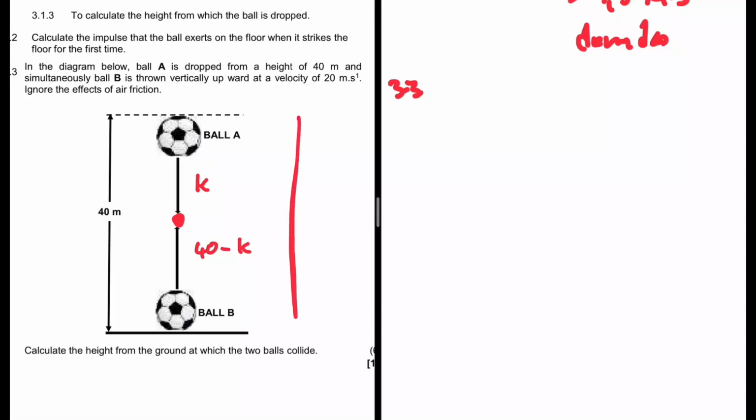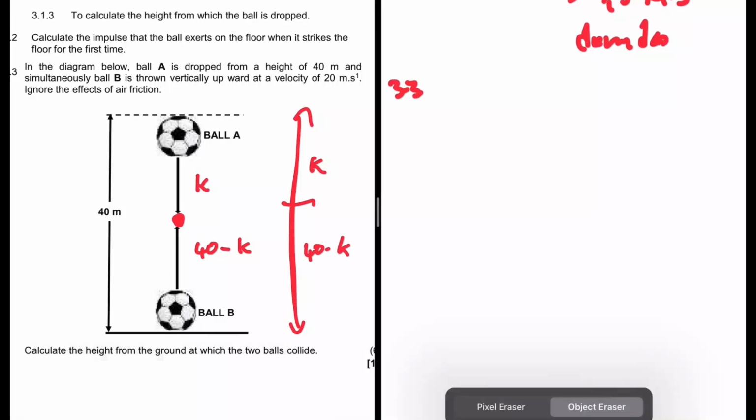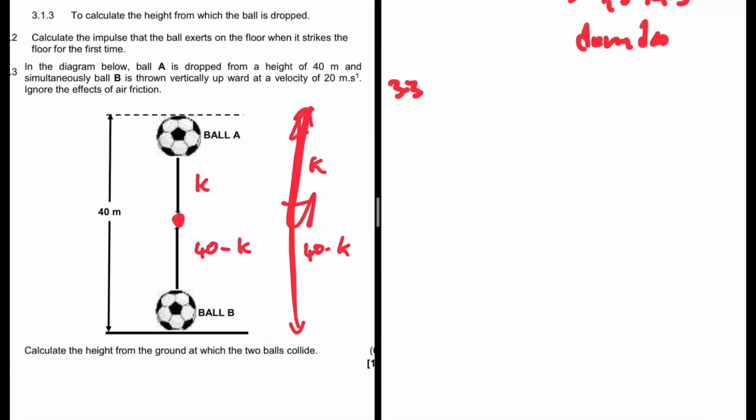Because this entire thing is 40. So if ball A has traveled k, and the entire thing is 40, ball B should have traveled 40 minus k, so that when we add these two values, we get 40. So that is the first part that you need to understand. It's very crucial that you understand that part in these kinds of problems, right?